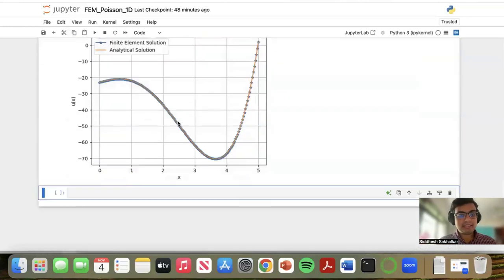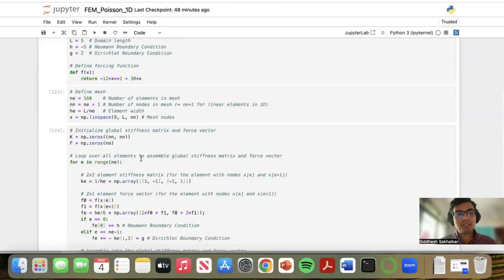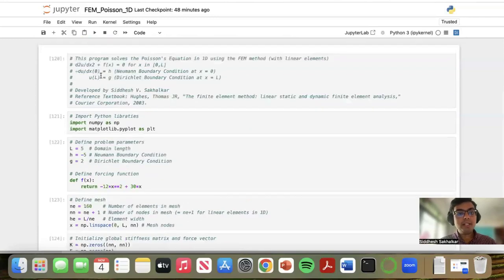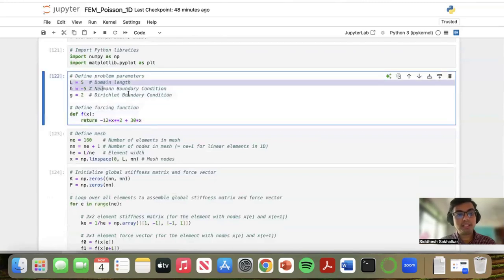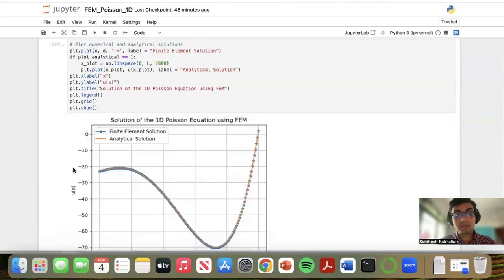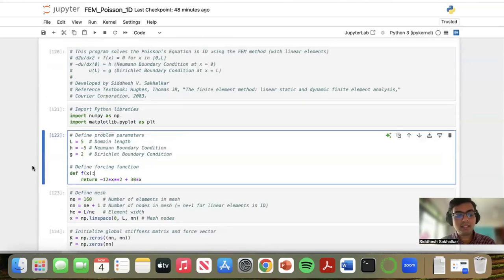I think that's all I have in terms of this demonstration. I've included a link to this particular code below the description for this video. I recommend you download it and play around with the code. You can try to change the forcing function, change the boundary conditions, and see what the solution looks like in that case.